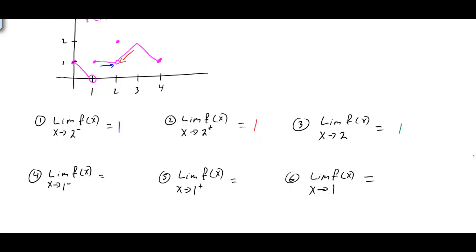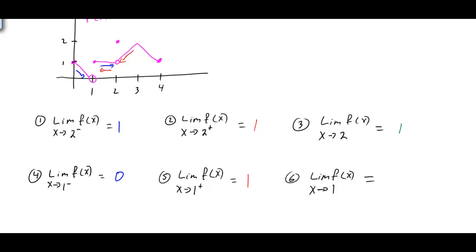All right, if we look at limit number 4, as x approaches 1 from the left-hand side, our y value is approaching 0. And if we look at the limit of the function as x approaches 1 from the right, notice now as we approach 1 from the right, this is the line here. As we approach this x value of 1, the y value is approaching 1.